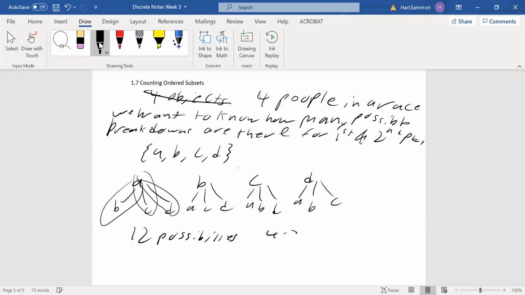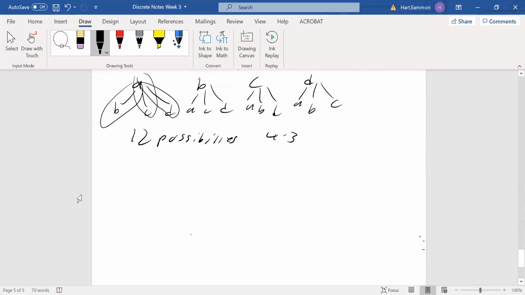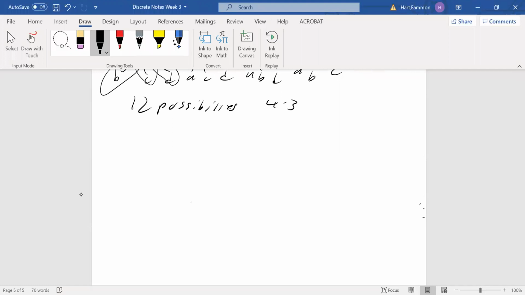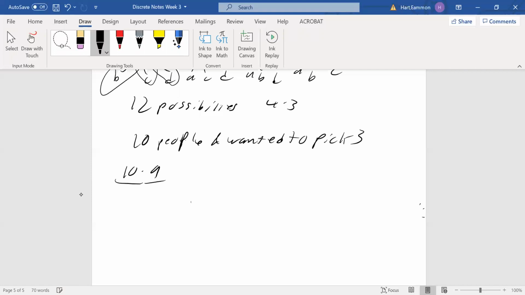Or 4 times 3, right? Because we've got the 4 first options and then can't choose the first option again, so we're stuck with the 3 for the second option. Similarly, if we had 10 people and wanted to pick 3, then we would have 10 options for our first spot times 9 options for our second spot times 8 options for our third spot.